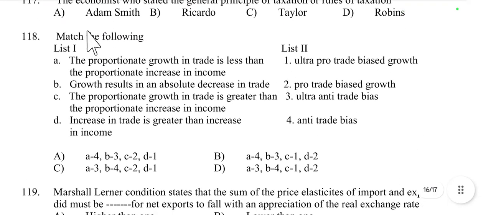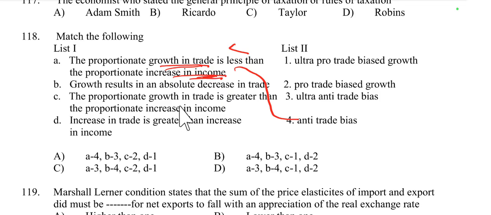Then question number 118, matching the following list 1 and list 2. First one: the proportionate growth in trade is less than the proportionate increase in income. When growth in trade is less than income, it is called anti-trade bias.